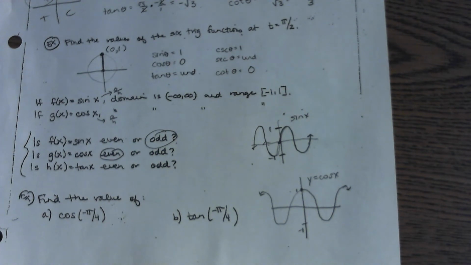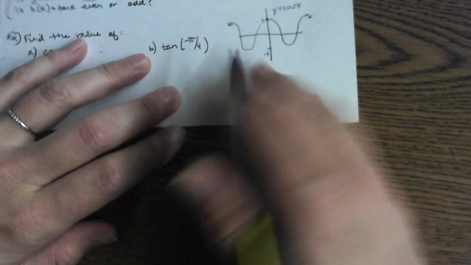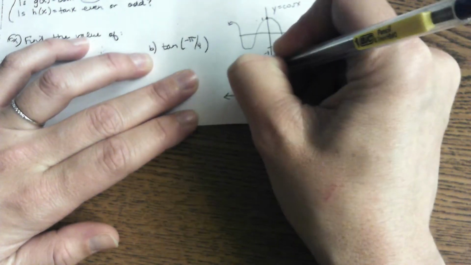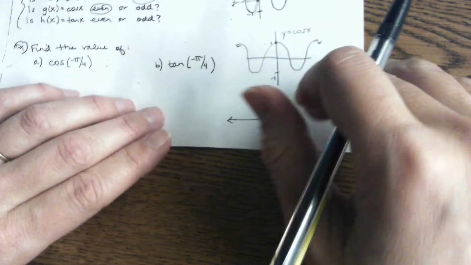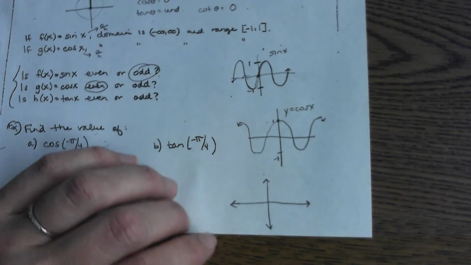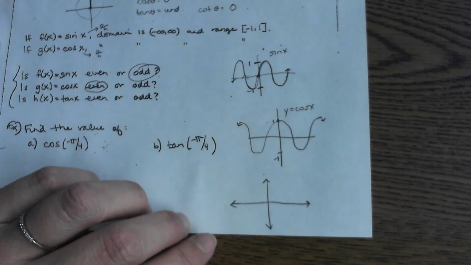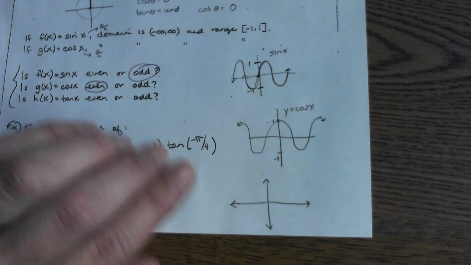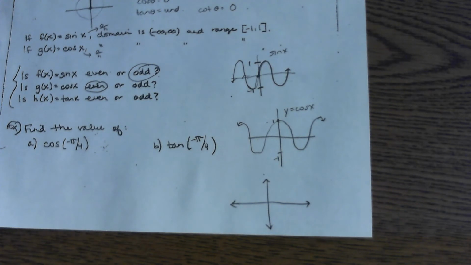Now the tangent graph we didn't think about. We didn't talk about domain and range yet. We can in a minute. What kinds of values can you not take a tangent of? We already saw one on these notes where tangent was undefined.